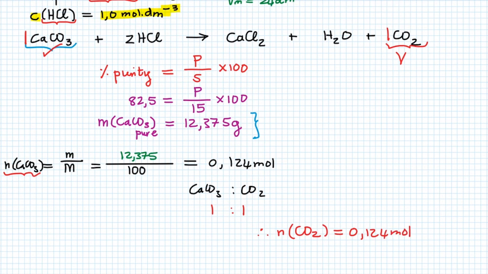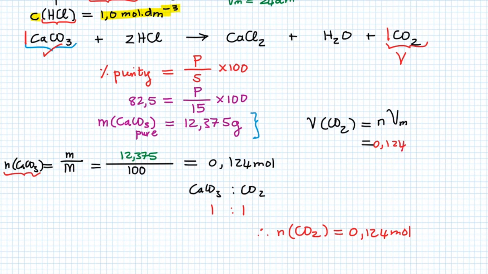Now we would like to determine the volume of the carbon dioxide that is produced. This specifically is volume X. We remember that to calculate volume, we can say number of moles multiplied by the molar gas volume. The number of moles here is 0.124.